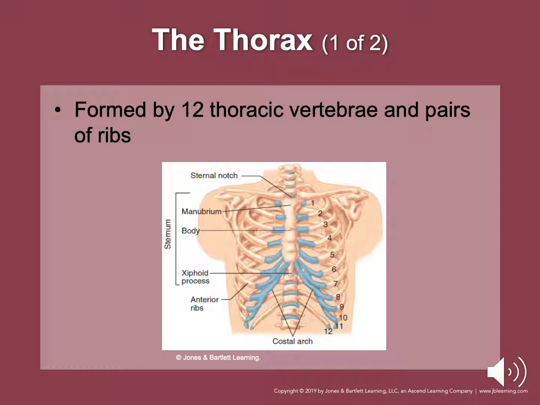The upper section of the sternum is called the manubrium. The body comprises the rest of the sternum except for a narrow cartilage tip inferiorly, which is called the xiphoid process, down at the very bottom.